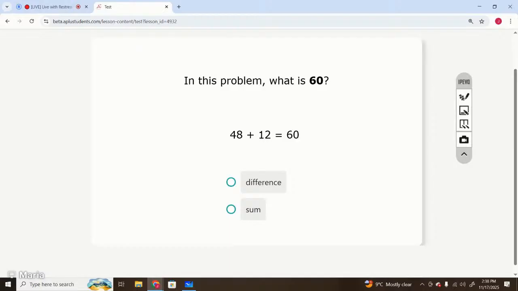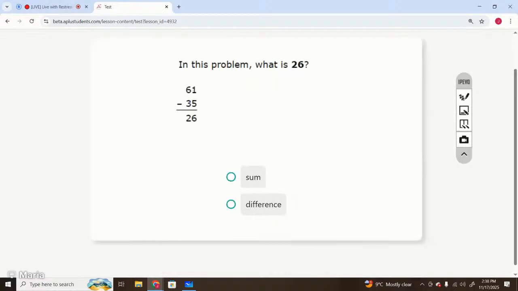In this problem, what is 60? 48 plus 12 equals 60. 60 is the sum. Option number 2 is the correct option.